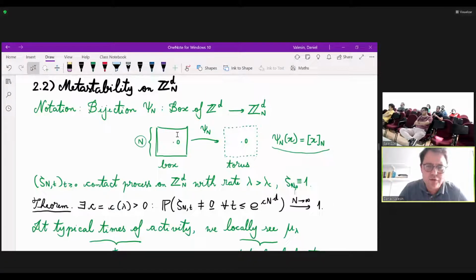By the way, a fun fact for the specialists in the audience is that if I were stating this result for boxes of Z^d, not the torus, I could prove that if you take the log of the extinction time and divide by the volume, this would converge to a certain positive constant. So that's a stronger result than what is here, because here it's just a lower bound. That is known for boxes of Z^d, but the proof doesn't really work for the torus, and I think it's not that easy to prove. I've been trying for a while, but it's not so clear.